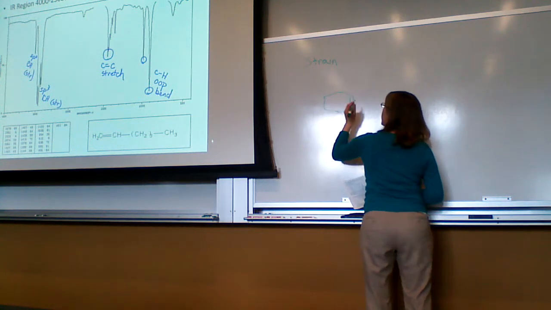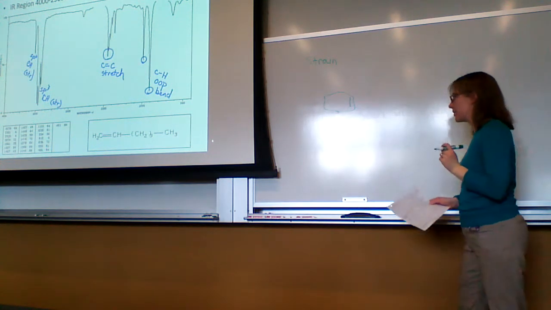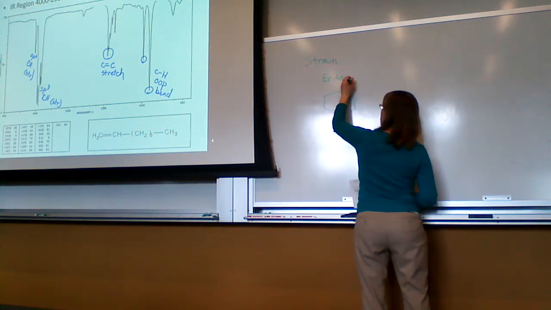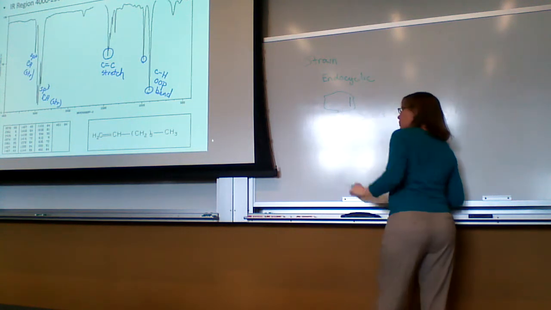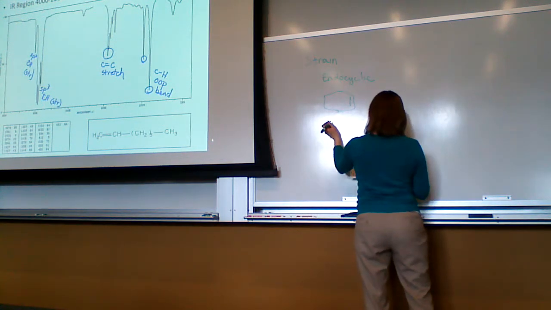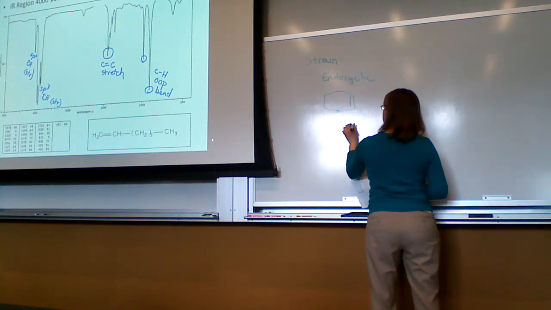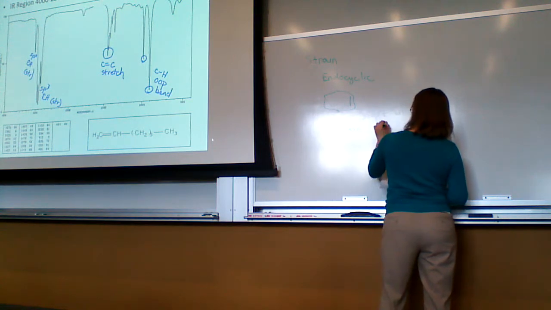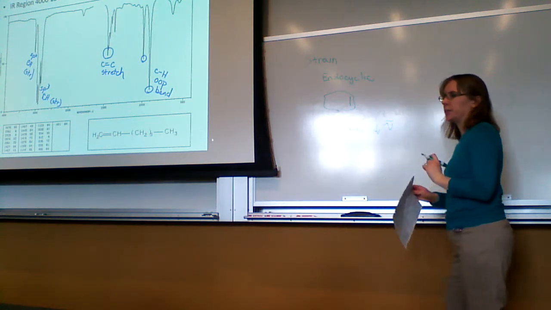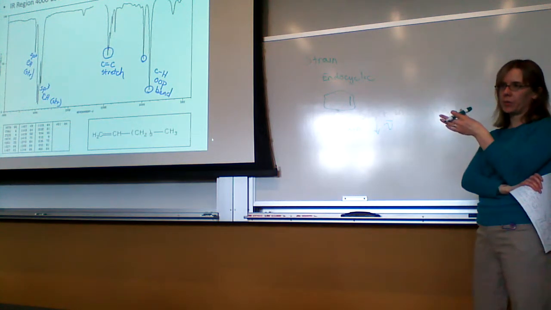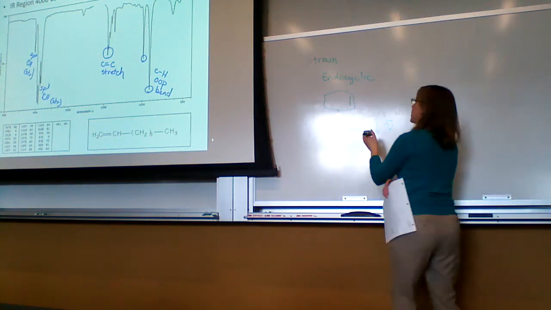So if you have a double bond within the ring, this is called endocyclic. If the double bond is in the ring, then the more strain you have in it, the lower the stretching frequency. The six-membered ring, if you remember from OChem, is not strained.